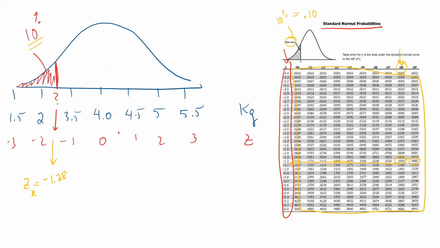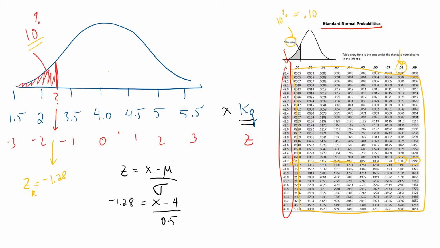Now that we have the z-score, we can use our z-score equation, which is z equals x minus mu over sigma, to find the x value, which is measured in this case in kilograms. So the z-score was -1.28 equals the x value, which we don't know, minus the average, which we do know is 4, over the standard deviation of 0.5.